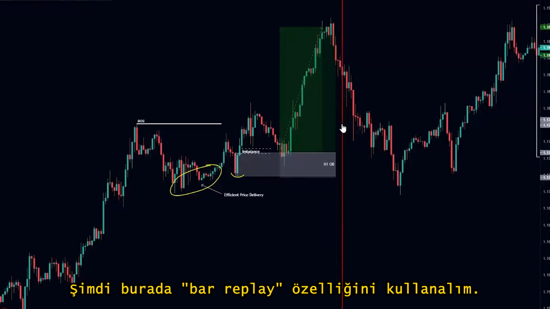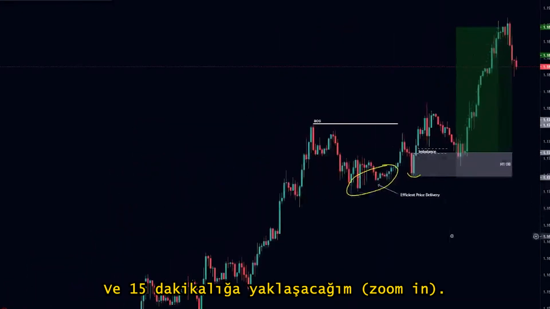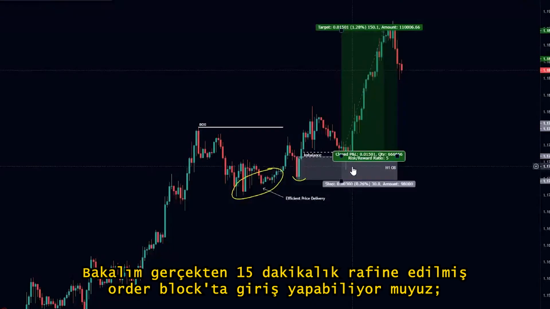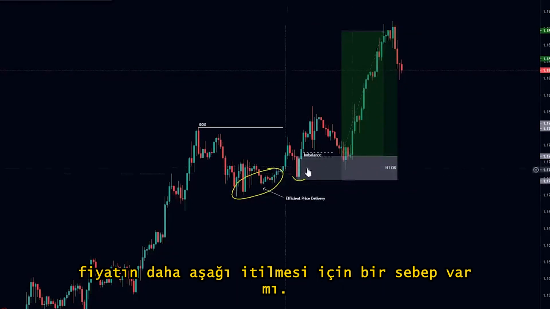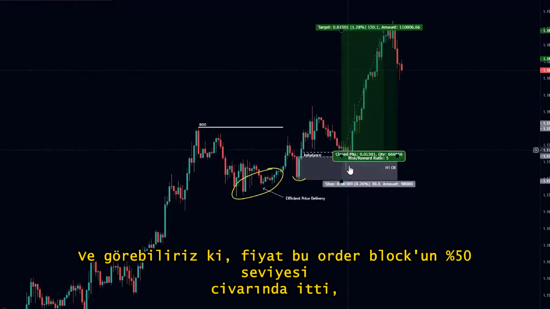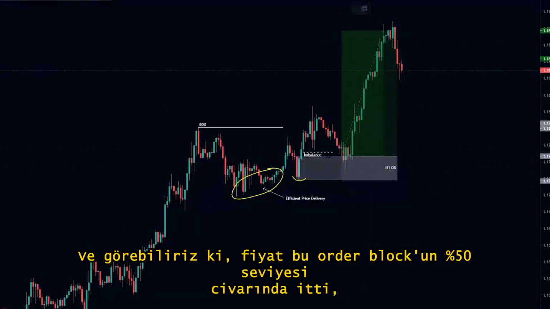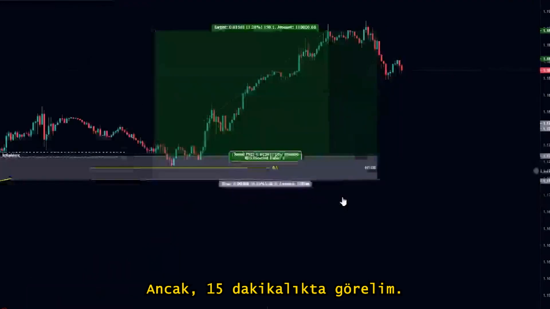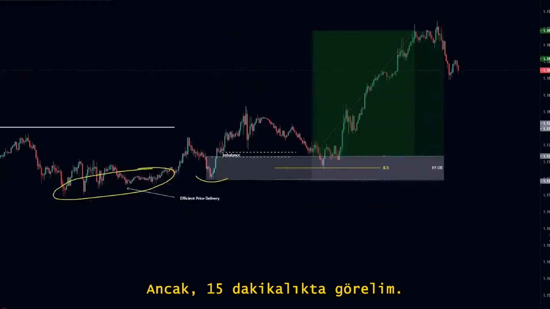So all these things tick the boxes for a risk entry type. Now let's use the bar replay here, and I'm going to zoom in to the 15-minute to see if we can actually enter on a refined 15-minute order block to see if there is reason for price to push lower. And we can see price did push around the 50% mark of this order block, giving you a better entry opportunity. However, let's go see on the 15 minutes.